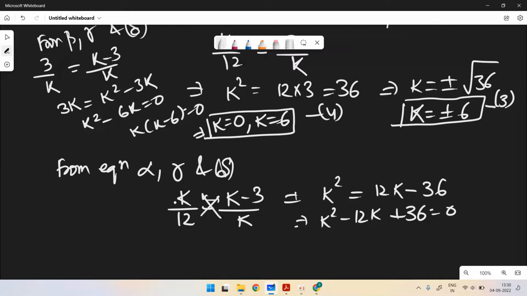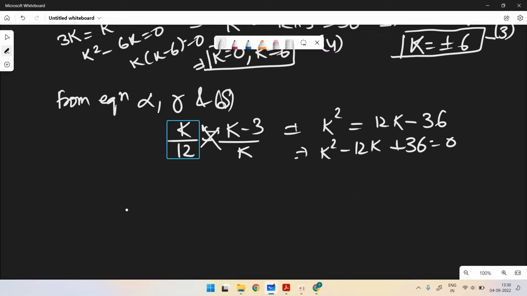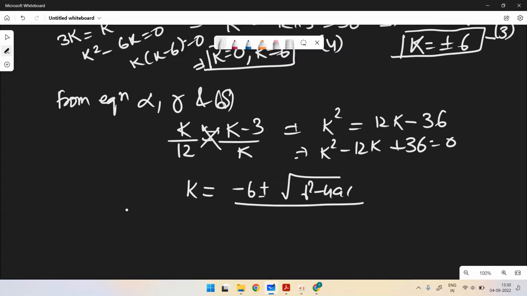You have studied quadratic equations, so how will you find the value of k? The value of k can directly be found using k equals minus b plus minus under root b square minus 4ac by 2a.